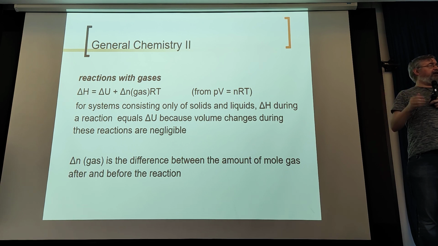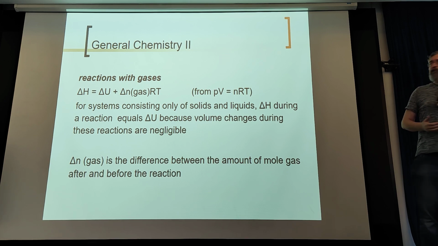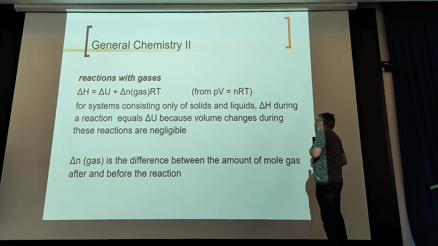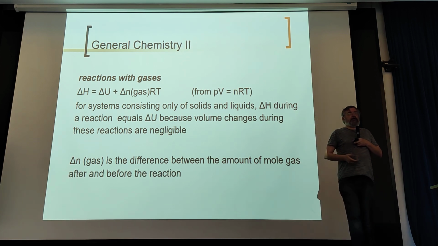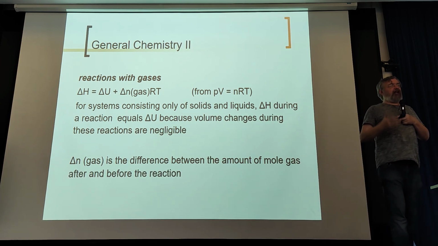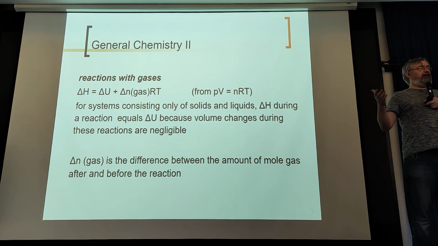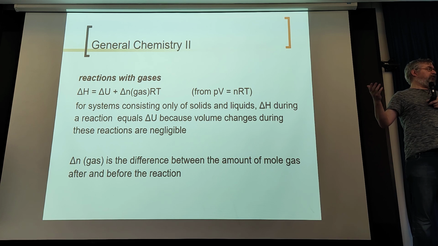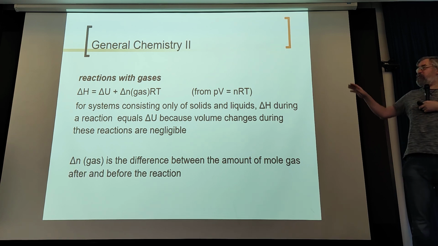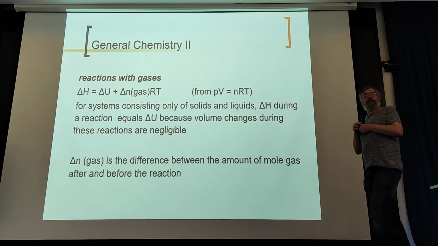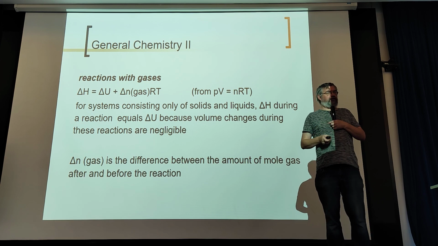In that case, delta n is 0, and also in that case, delta U equals delta H. But in the reaction that we saw previously, calcium carbonate gives calcium oxide and CO2, delta n is 1, because we generate 1 mole of gas and we didn't have gas before. In that case, we will have a difference between the internal energy and enthalpy.